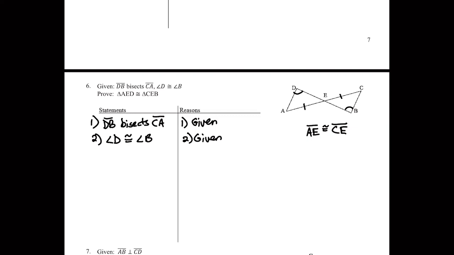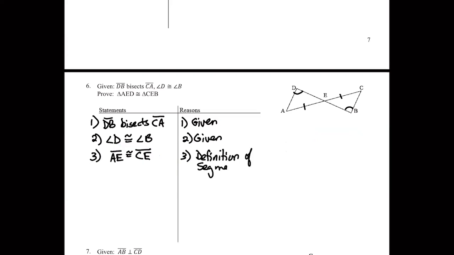Now to get the justification for the pair of corresponding congruent sides, I would talk about the definition of segment bisector. All right, so we just need one more either side or angle. It would be more information if they said DB and CA bisected each other, but they didn't say that.